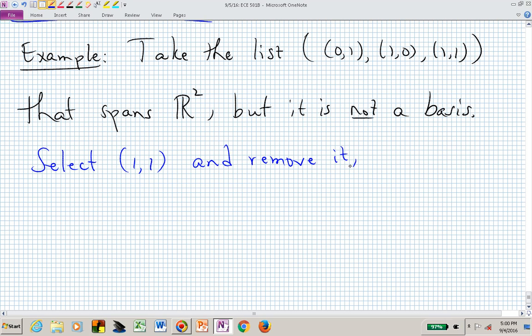We can now remove that vector from our original list. Now we have a new list that's (0, 1), (1, 0). And in fact, that's our standard basis or standard form, and this does form a basis.